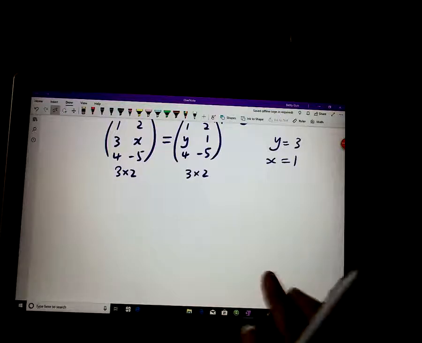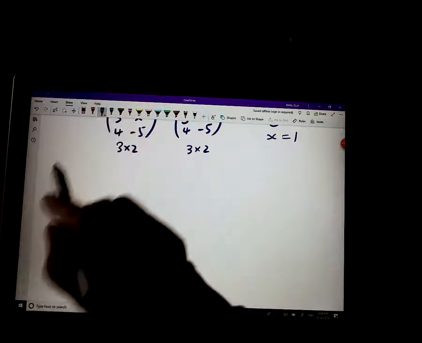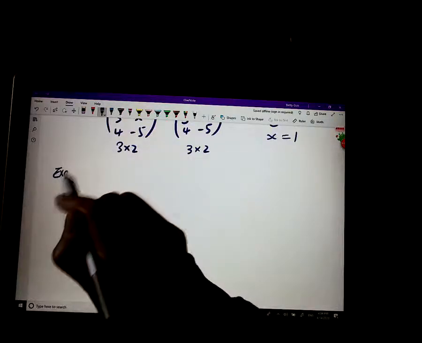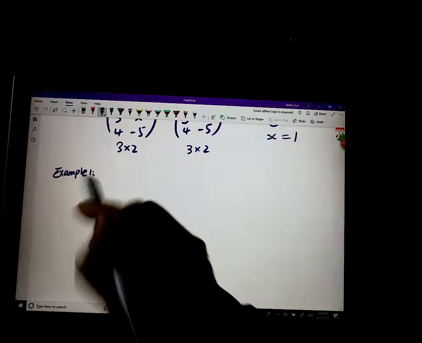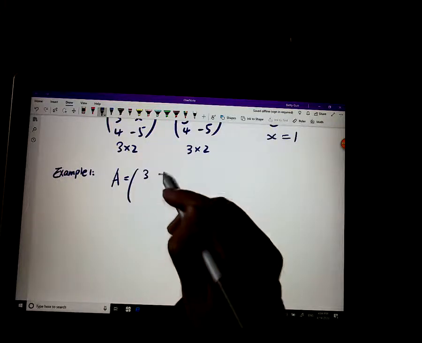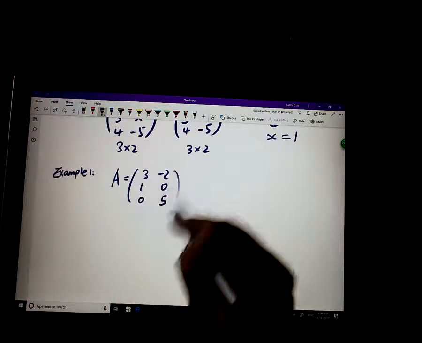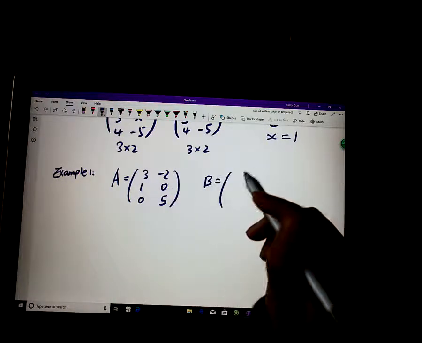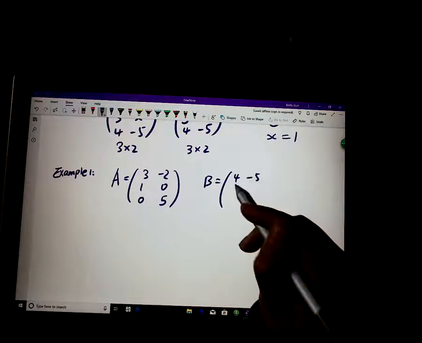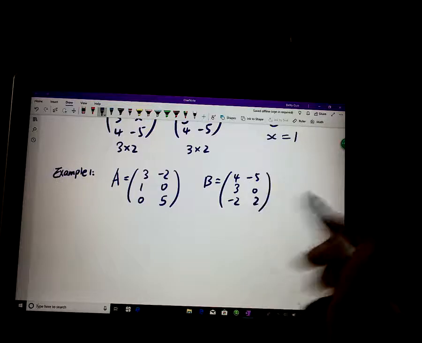Second thing, how do we add or subtract two matrices? Example 1. A equals 3, -2, 1, 0, 0, 5. B equals 4, -5, 3, 0, -2, 2.